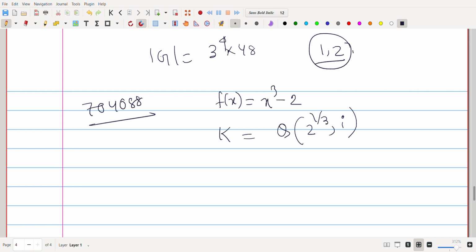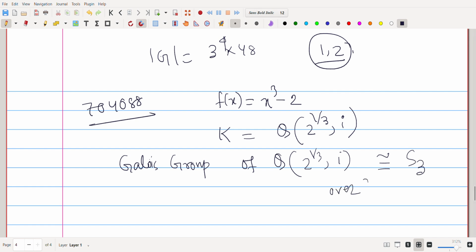What is the Galois group? Since this is a Galois extension, the Galois group of Q(2^(1/3), I) over Q is isomorphic to S3.